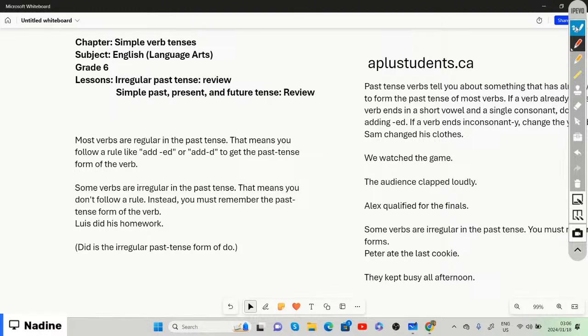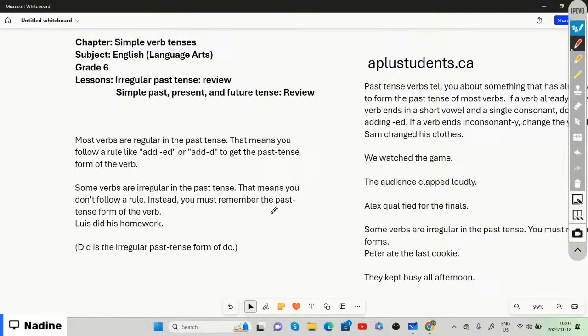So when our verbs are regular, there's a specific rule that we follow where we just add d or add ed to get the past tense form of that specific verb.